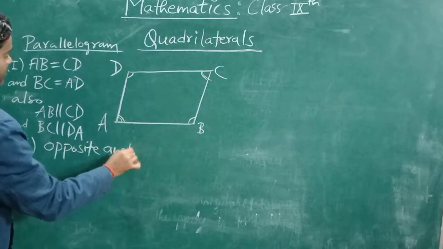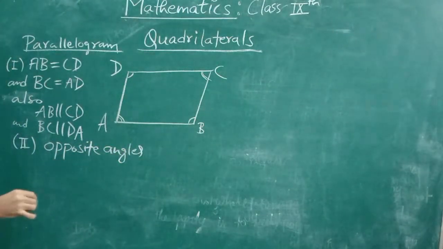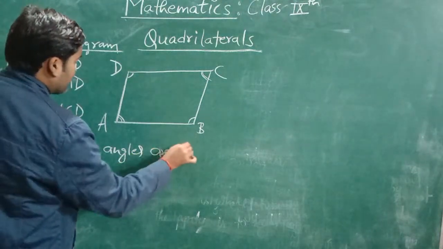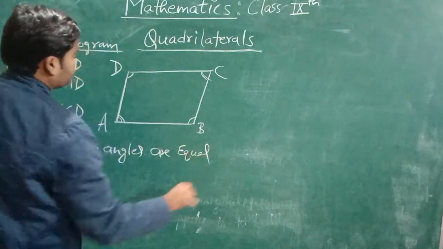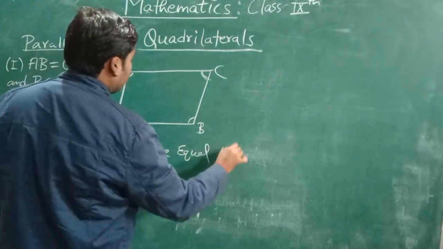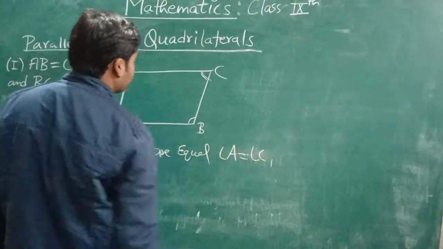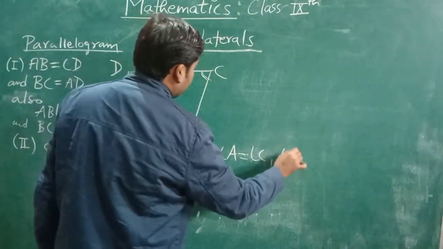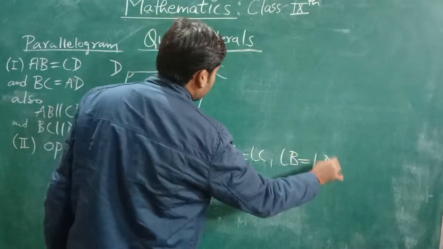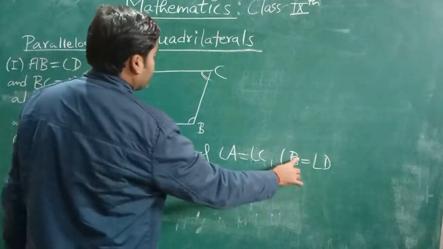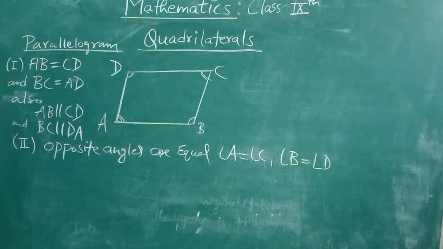We will prove them one by one. That is, angle A is equal to angle C and angle B is equal to angle D. Opposite angles are equal. Opposite sides are equal.